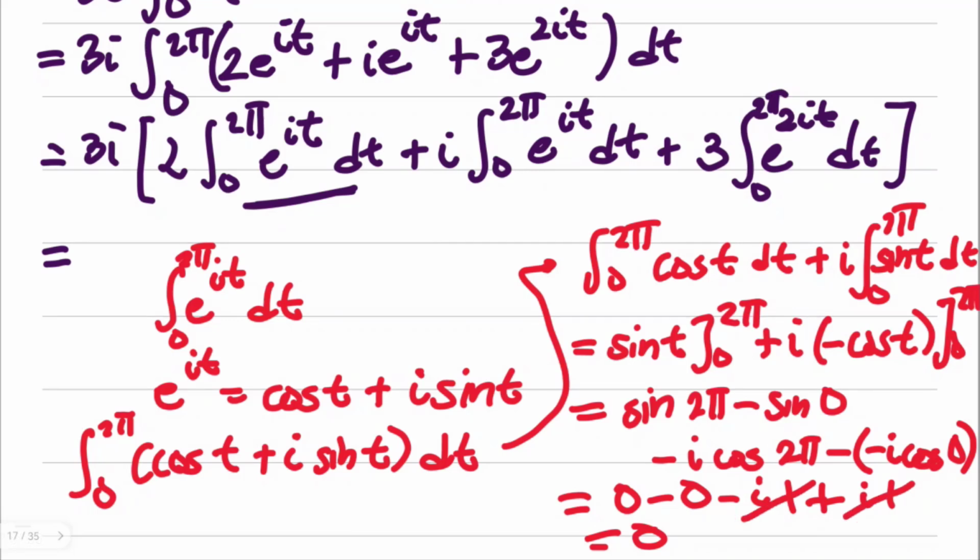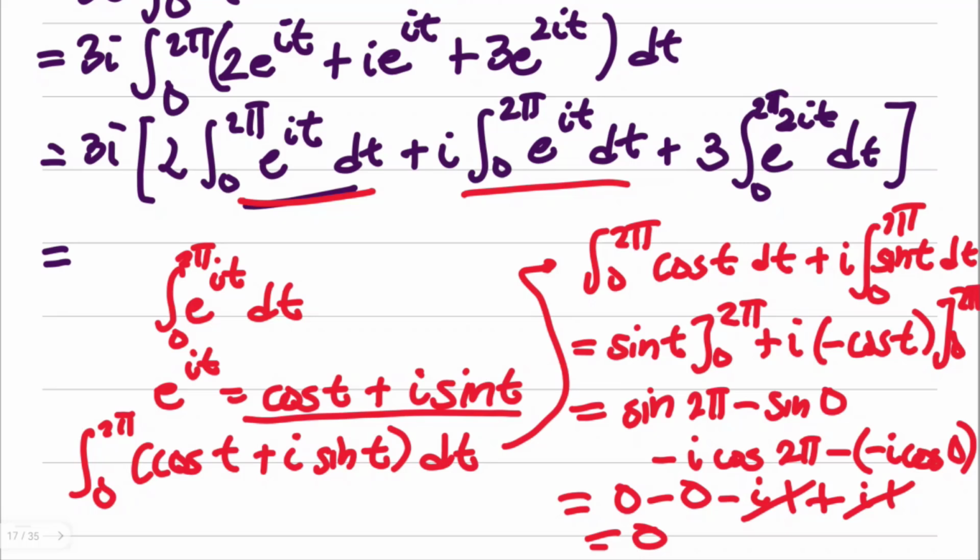So what does this tell us? This specific expression, which is true for this here and that here, would just yield 0 if we're going to transform e to the power of it into this form here, considering that cosine and sine are the functions that would allow us to simplify 0 and 2 pi.